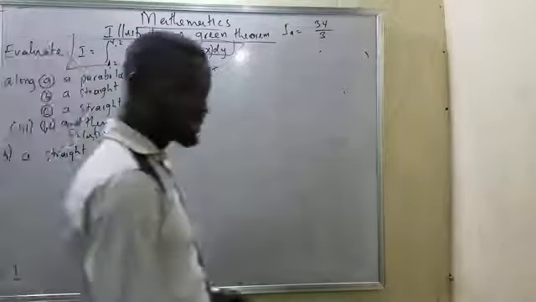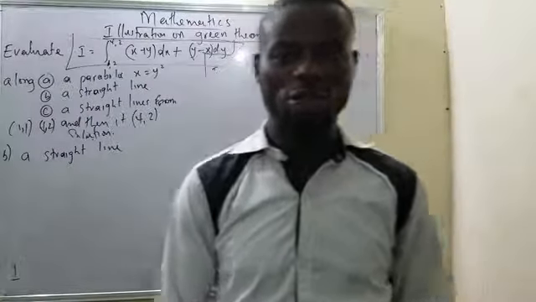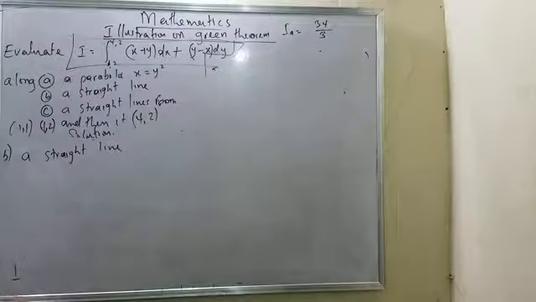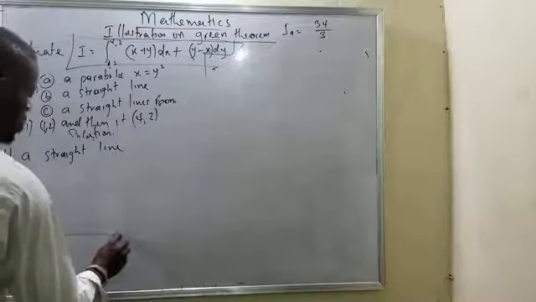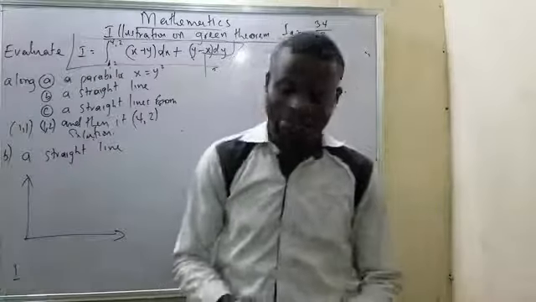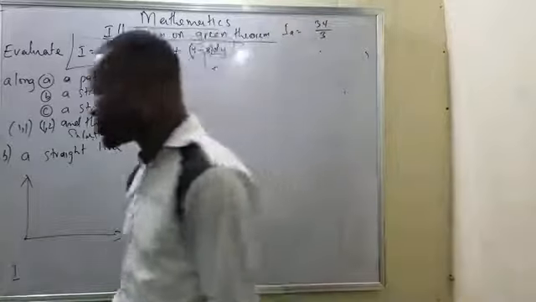A straight line is the shortest distance between 2 or more points. When we are talking about the shortest distance between 2 or more points, we are referring to a straight line. You all know that this is complex analysis. My y-axis is my imaginary axis, while my x-axis is my real axis.